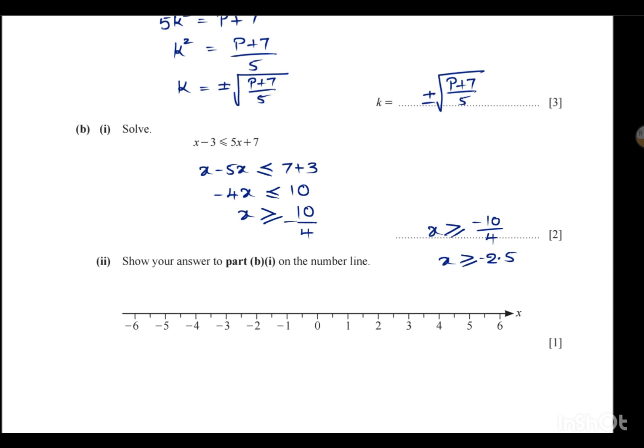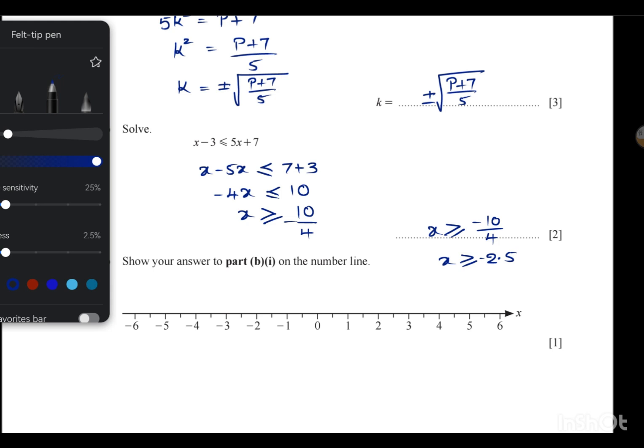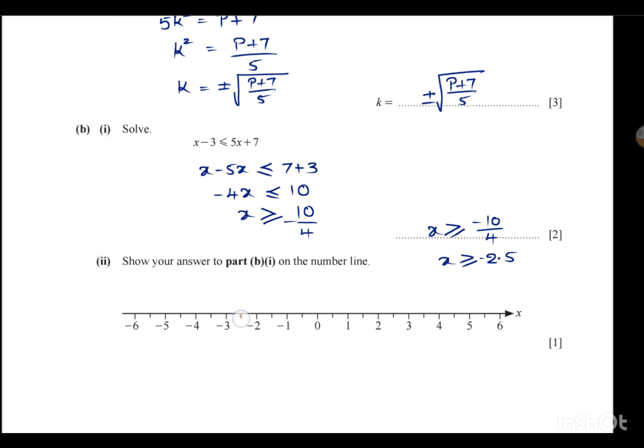Let us first mark minus 2.5 here. It is greater than or equal to, so you have to draw a circle here, then draw a straight line extending towards this side, but shade this circle because it is equal to also.